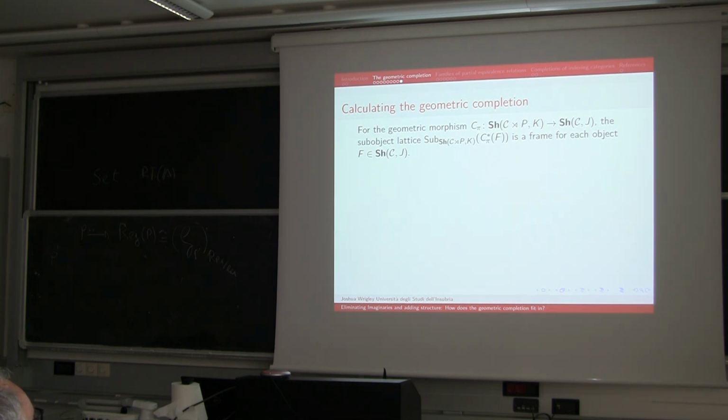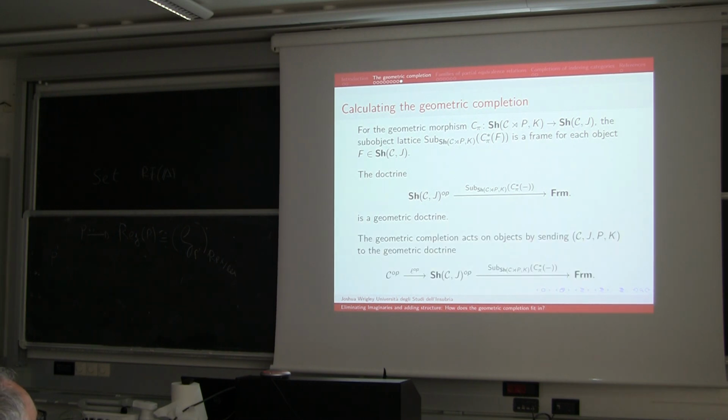This is a frame, and indeed, if we just computed it for all objects and considered the arrows given by pullbacks, this ends up being a geometric doctrine over a Cartesian category. And we can compute the geometric completion of an arbitrary doctrinal site by just precomposing with the canonical functor of the category into its sheaf topos. So we have the geometric completion of a doctrinal site, and this includes in particular the free geometric completion from earlier.